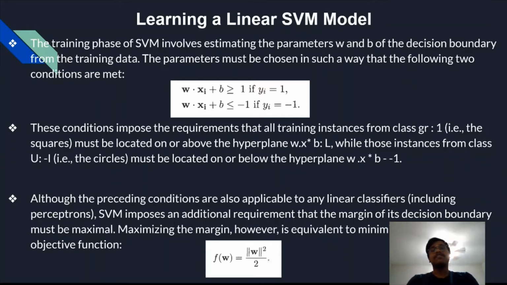For maximizing this margin, we need to minimize our objective function f of w. That is, f of w is equal to the squared norm of w divided by 2, the dot product of w with w divided by 2. So this is about the linear SVM model.